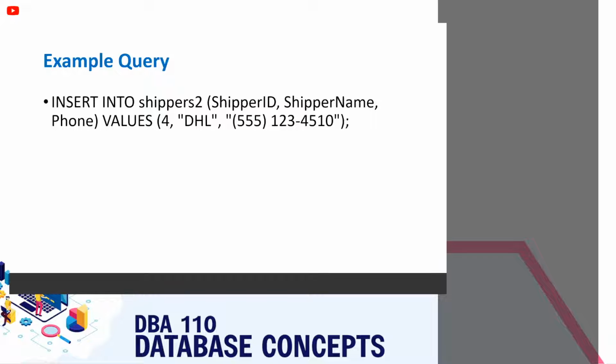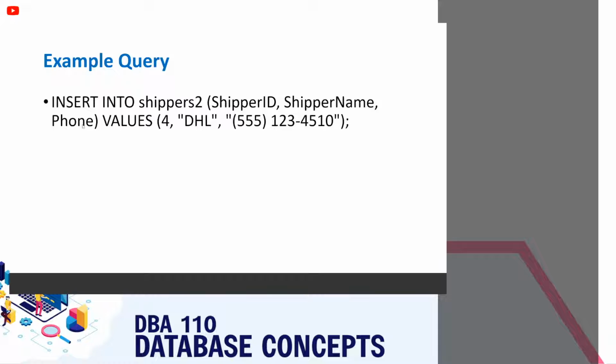Right, so I can actually put these in any order as long as the order matches in the second set of parentheses. For example, I have shipper ID first, shipper name second, and phone third.